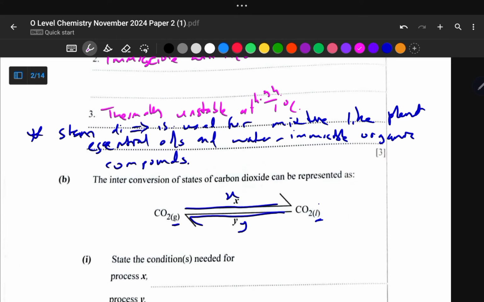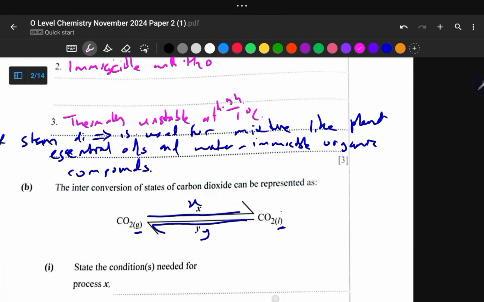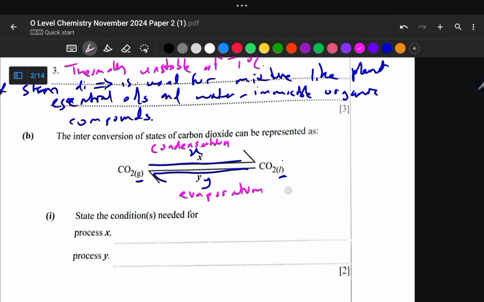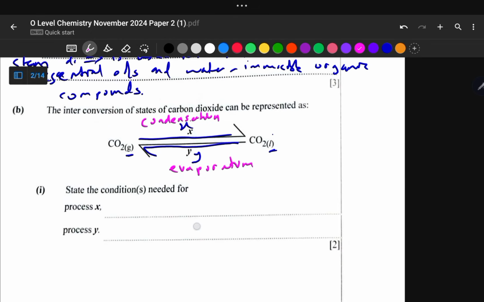So from gas to liquid, it is called condensation, right? And then from liquid to gas, it is what we call evaporation or boiling, right?